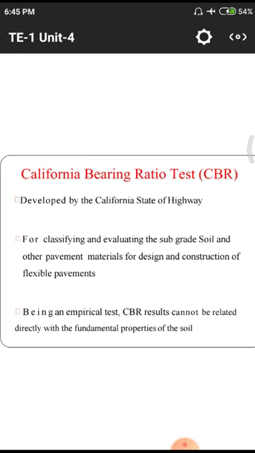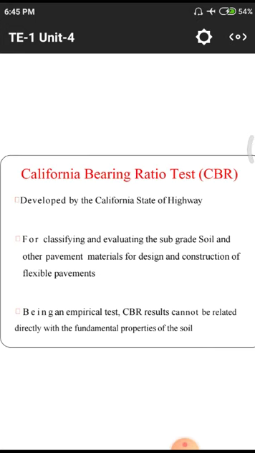After that we have these CBR tests developed by the California State Highway. California state lies in the United States. In the United States they developed these CBR tests for the purpose of highway construction, for classifying and evaluating the subgrade soil and other pavement materials for the design and construction of flexible pavements.